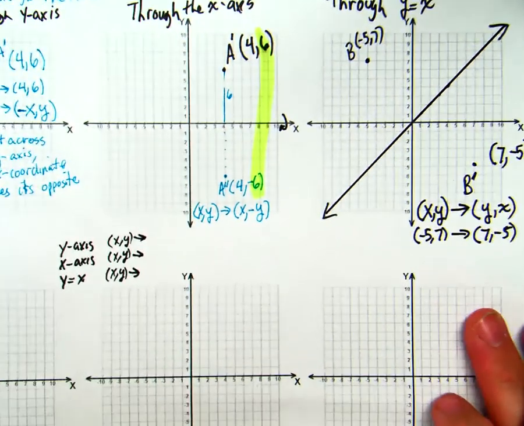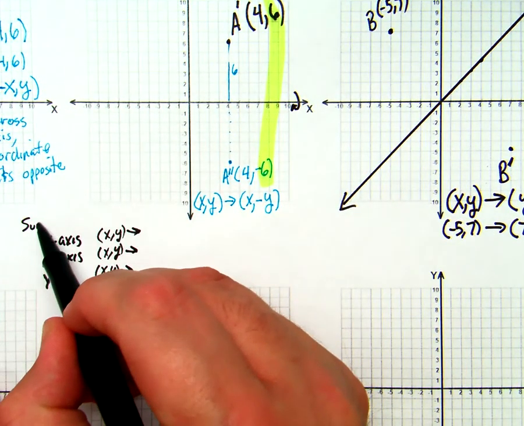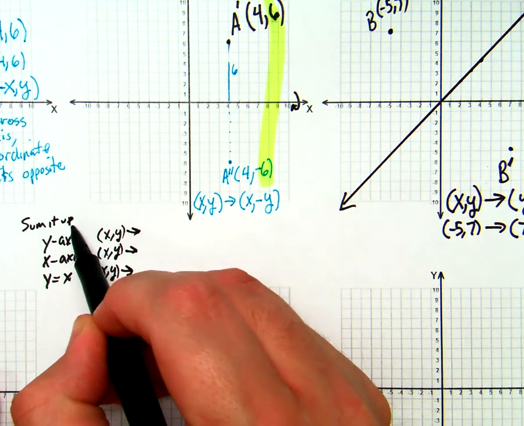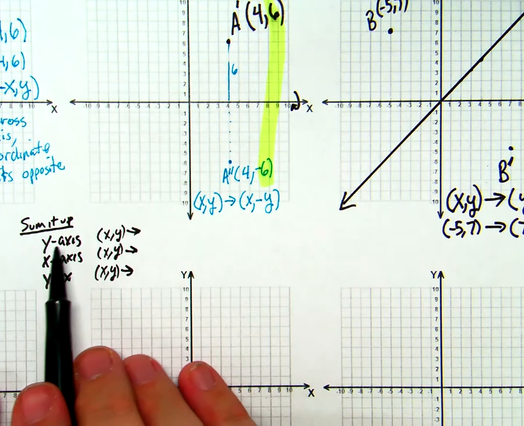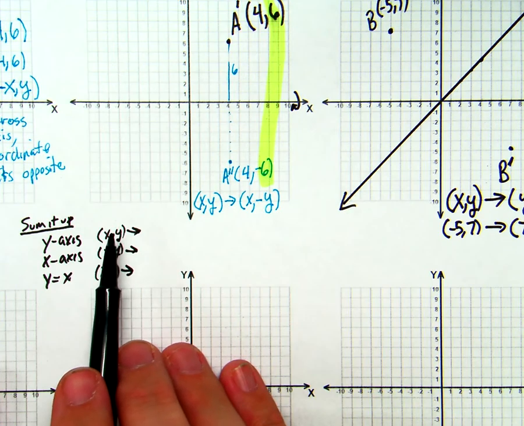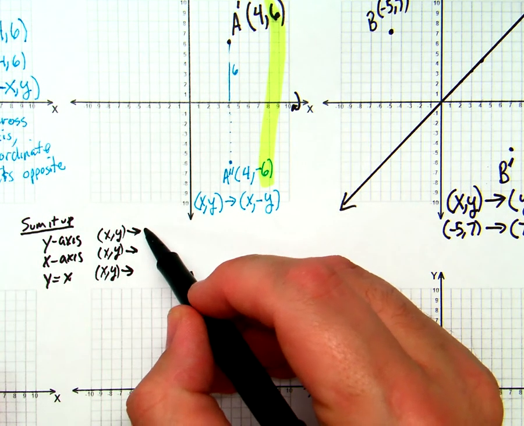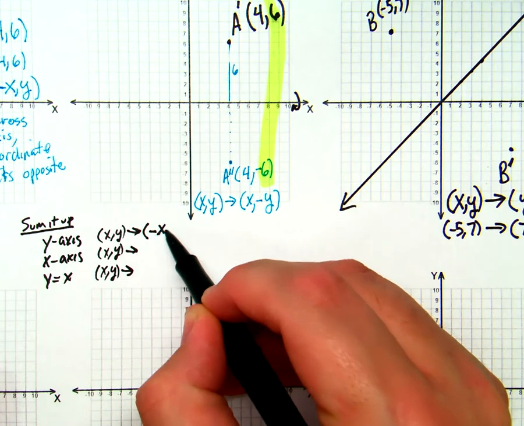Alright, and to sum it up, if I go through the y-axis, which one's changing, my x or the y? The x. It's always the opposite coordinate of the line you're going through. So this is going to be negative x comma y. If I'm going through the x-axis, which is changing?